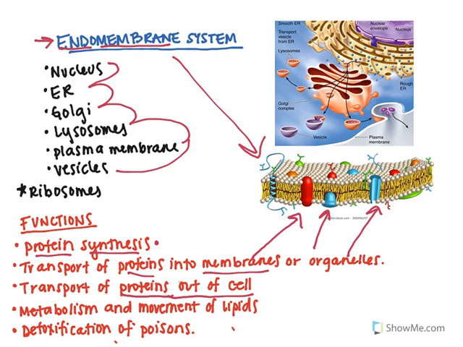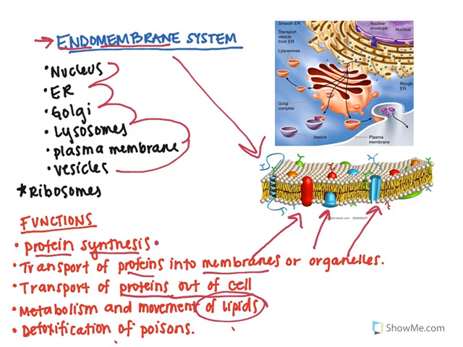So if the cell is doing the job making these proteins, it's going to have to get those to other parts of the organism, or if there's waste, it needs to get it out. So the endomembrane system functions in that, as well as making and moving around lipids. So remember, all cell membranes are made out of lipids. So they have to be coming from somewhere.